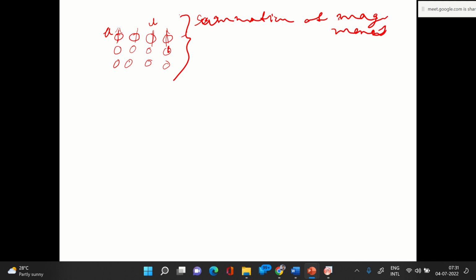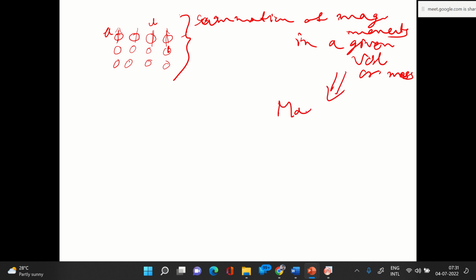Each of these gives a magnetic moment mu. The summation of these magnetic moments over a given volume or mass is the magnetization.